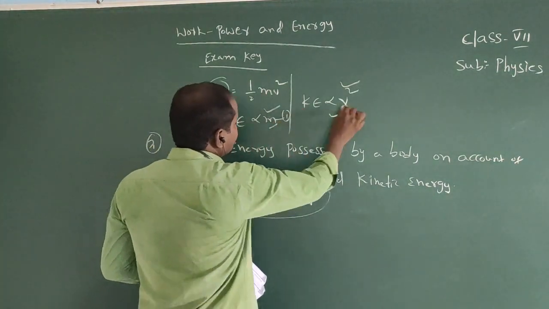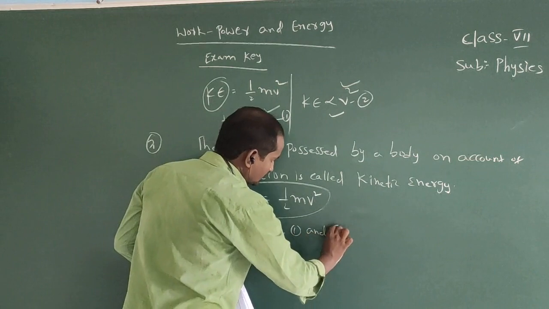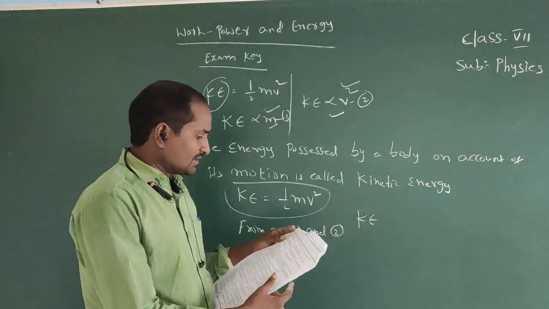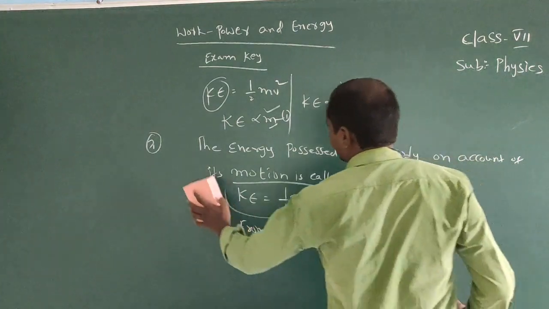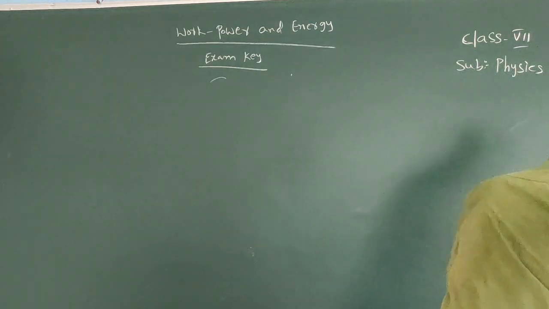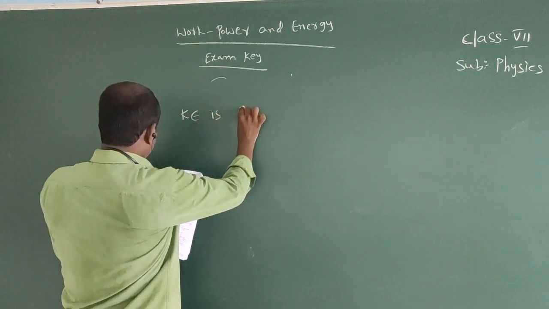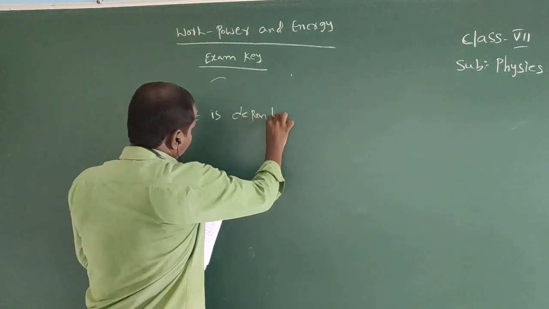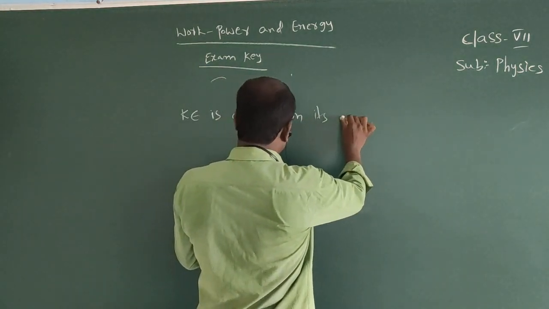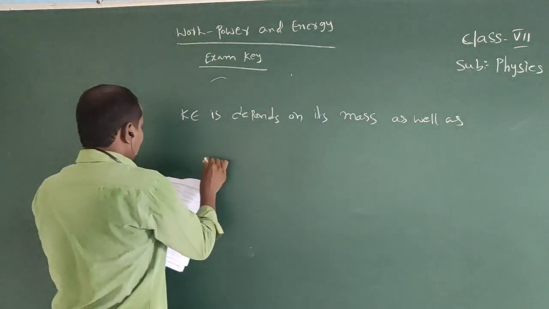From equations number 1 and 2, kinetic energy depends on its mass as well as on its velocity.